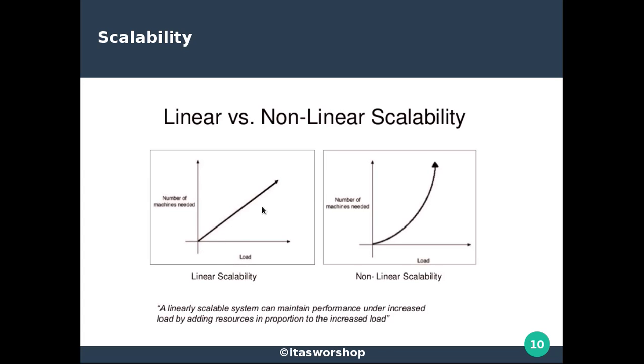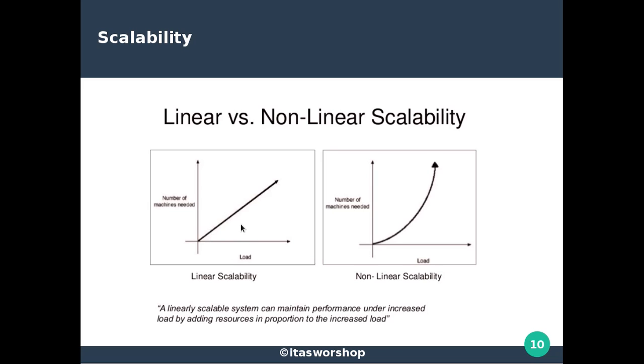Linear scalability represents that whatever load is coming, you just increase the number of machines and you'll be able to handle that load. So it's a 45-degree line of linear scalability. This is the ideal case. Ideally, this is not achievable.